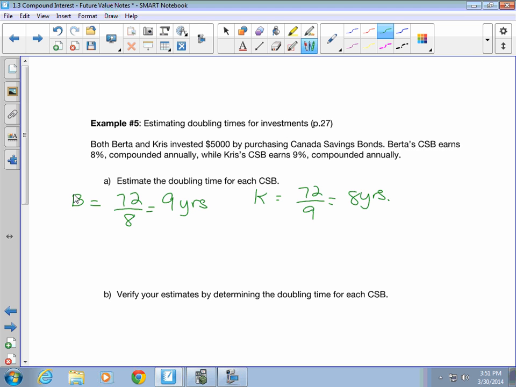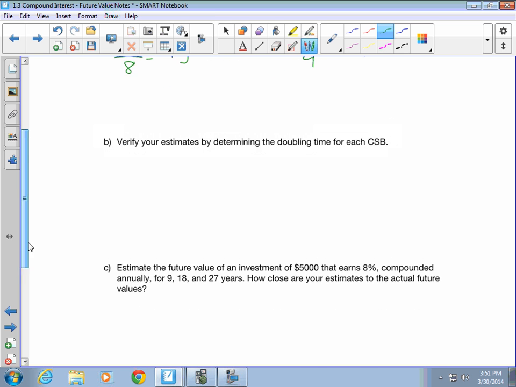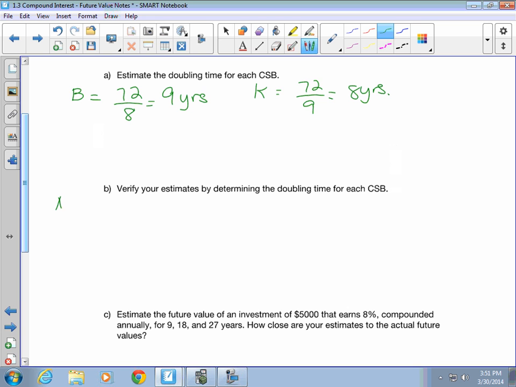It says verify your estimates by determining the doubling time for each CSB. So what we would do then is on our TVM solvers, what we're going to calculate for this one is our N. So our I, interest rate, we're doing Berta first. Hers was 8%. Present value, they're investing that 5,000, so minus 5,000.